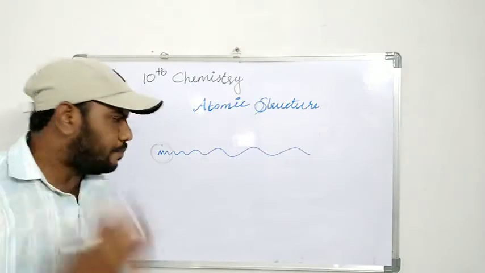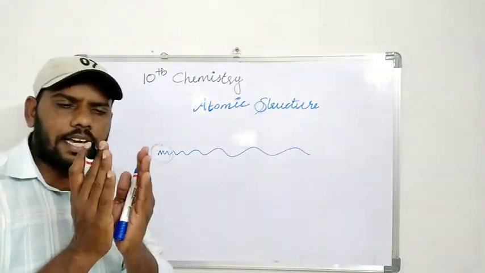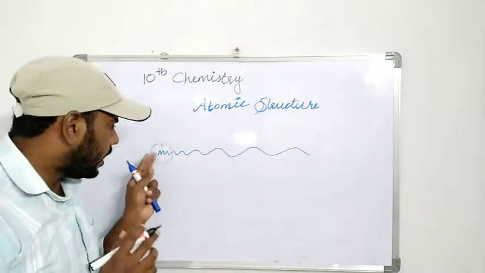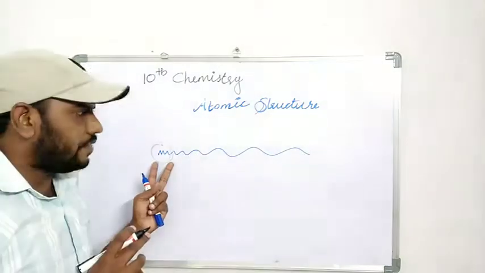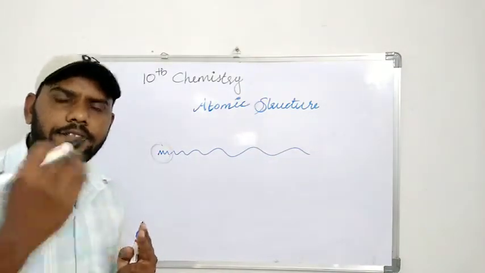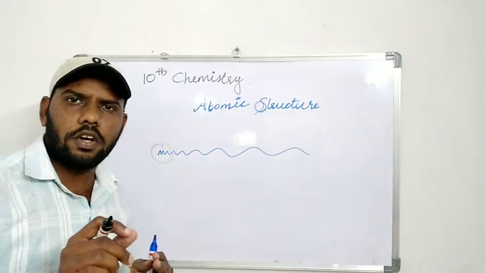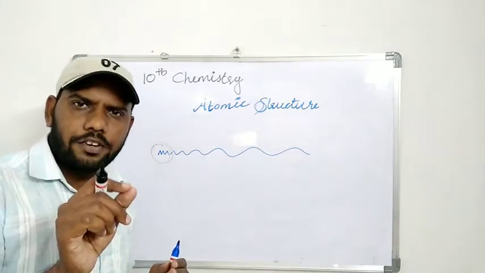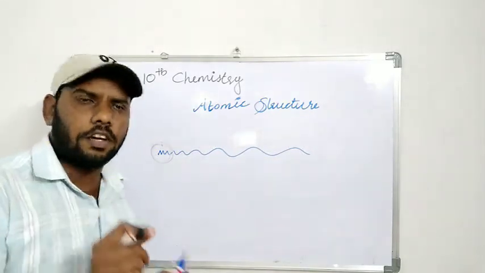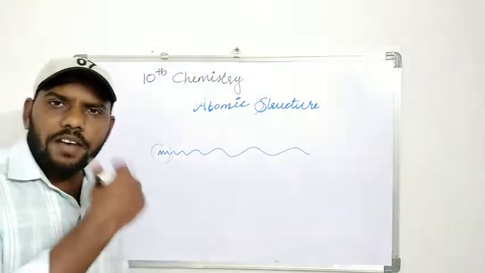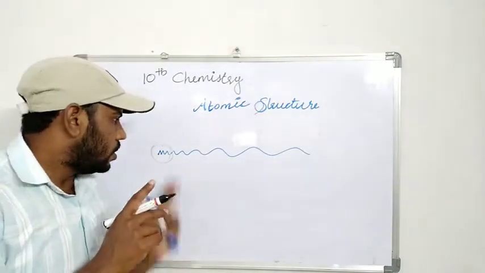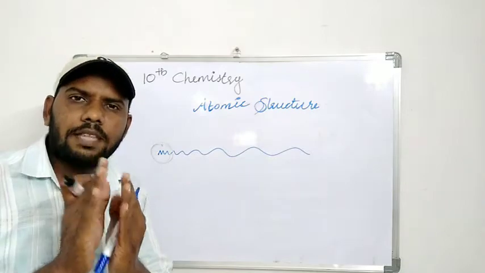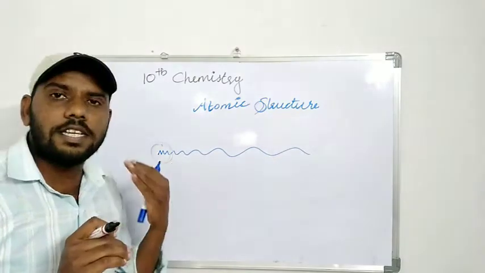Due to high vibration, what happens? The wavelength is small. So here shorter wavelength but higher frequency. Frequency means the number of vibrations per second. Here more vibrations took place in 1 second, so that's the reason the wavelength becomes less but frequency is more.